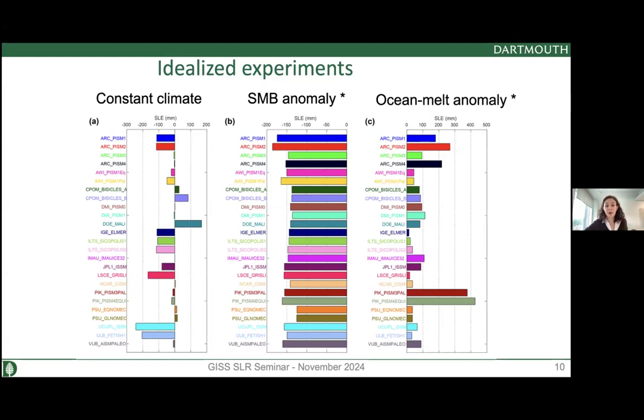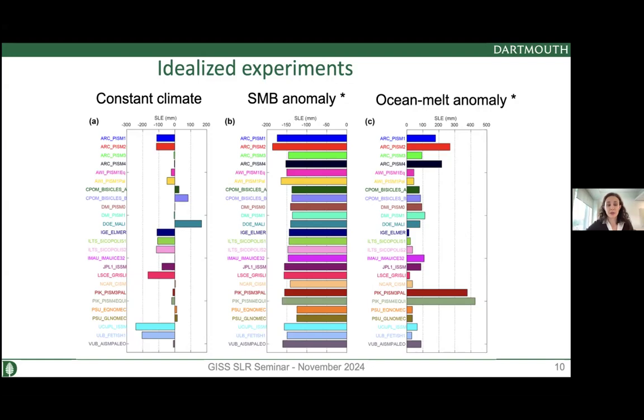The next thing we are interested in is looking at how they respond to changes in climate conditions. And so to really understand what was going on, we separated changes into changes in surface mass balance and changes in ocean conditions. So the middle plot here shows the impact of changing surface mass balance anomaly. So in that case, we doubled the surface mass balance.